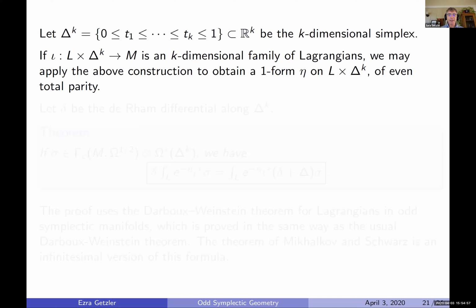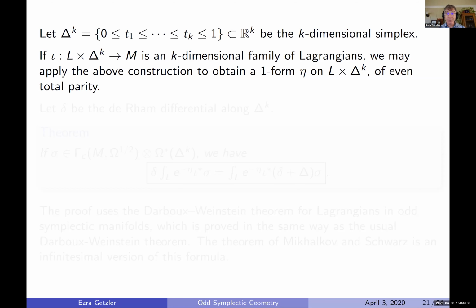Okay, so now let me upgrade that to families with several parameters. So I take as my parameter space the K-simplex, which is a closed polyhedron lying in K-dimensional Euclidean space. And now suppose I have a K-parameter family of Lagrangians lying inside my supermanifold. So in that case, I can apply the above construction and actually get a one form on L cross delta K. I should say that this one form is only a one form in the simplex directions.